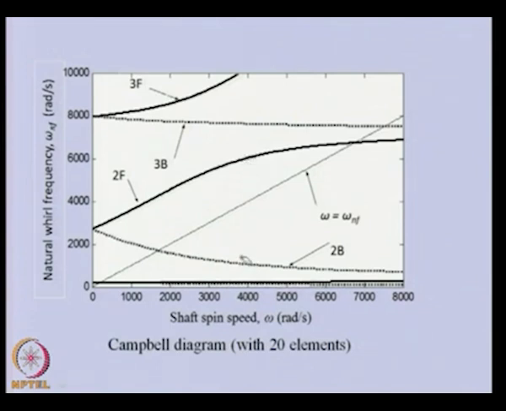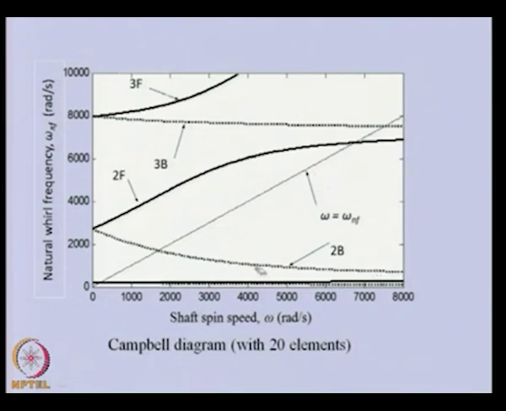In this particular case, as we have increased the number of elements, shaft modes are also coming into the picture. So basically now the shaft is having a consistent mass matrix.